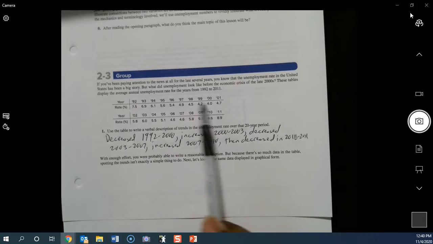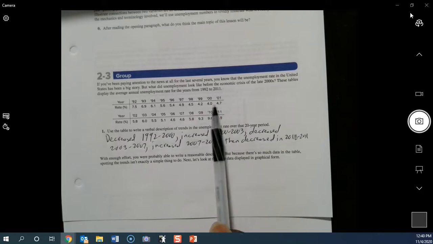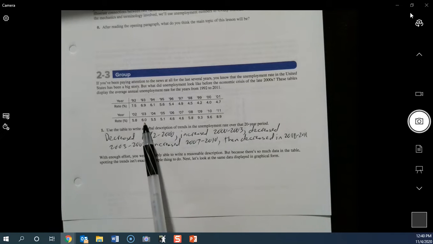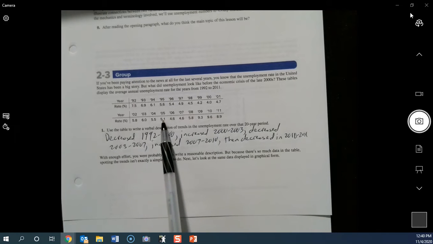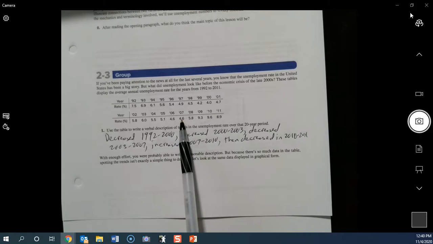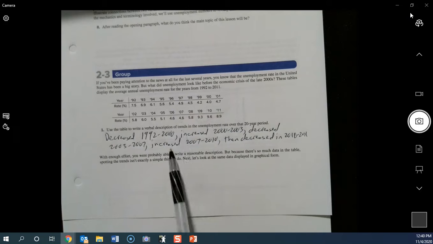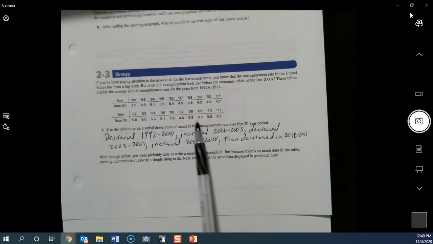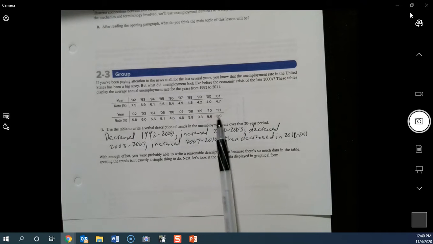So it went down from 92 to 2000. So you always start where it ends here. You would start with that same year, whether it increases or decreases. So it increased from 2000 all the way up to 2003. It decreased from 2003 to 2007. And then it increased from 2007 up to 2010, and then decreased from 2010 to 2011.